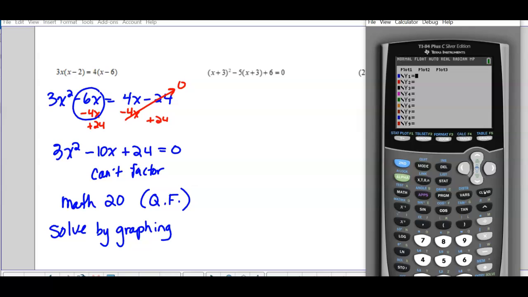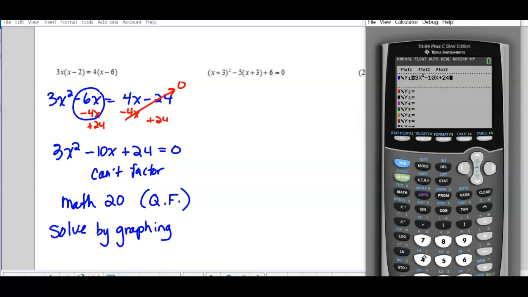Ideally, maybe you should go back to the beginning, but we're going to go to this quadratic first, the one that we simplified to. Instead of 0, we have y, so it's going to be y equals 3x squared minus 10x plus 24.